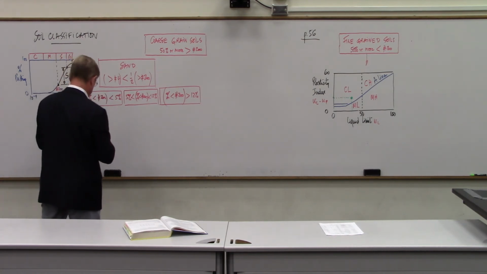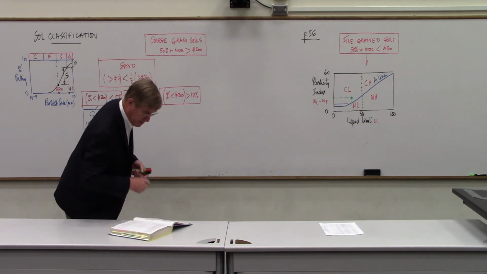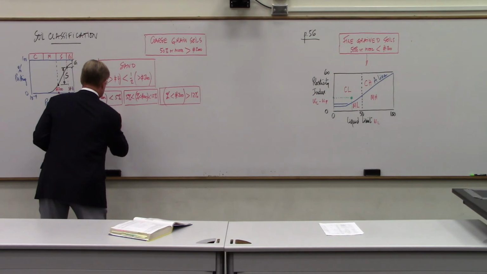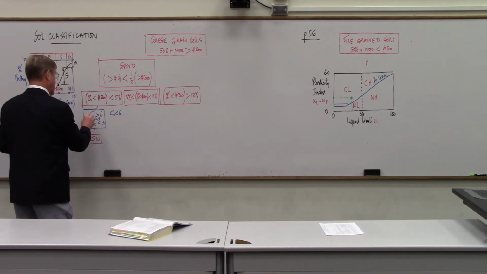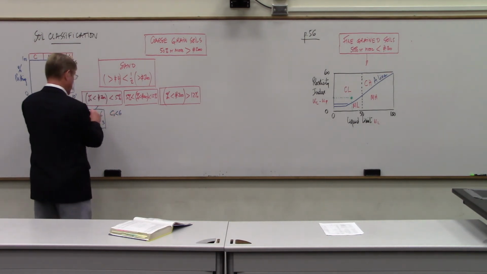If we have a C sub u that is less than 6, and this one says and here, okay? C sub u larger than 6 and C sub c between 1 and 3. Here it's the contrary of this box.